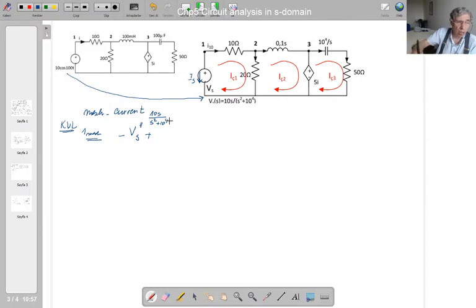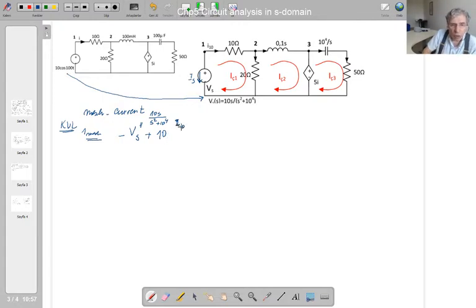Now I would like to write the resulting equation directly. How I am writing it is easy. The voltage of this resistor is equal to this resistor's impedance multiplied with the current of this element, let's say this is I10.